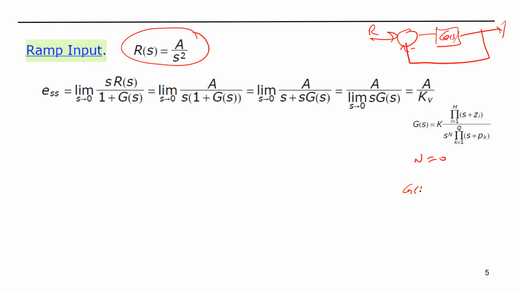So G of S equals K, product for i equal to 1 to m of S plus zi, over product for k equal to 1 to q of S plus pk.